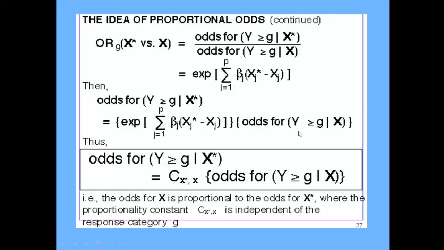Like, if A over B is equal to C, then A is equal to C times B. That essentially says you can get one odds from another by multiplying it by some number that doesn't depend upon g. That number is often referred to as a proportionality constant. That's why it's called the proportional odds model, because this is a truism that results from the model.